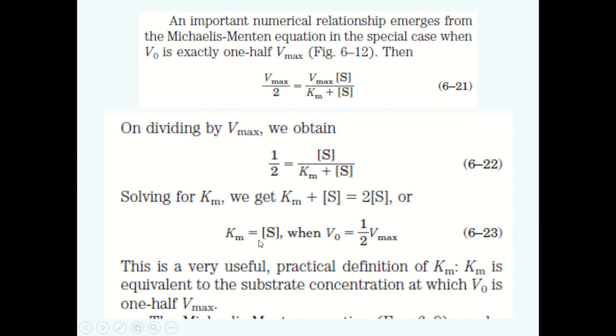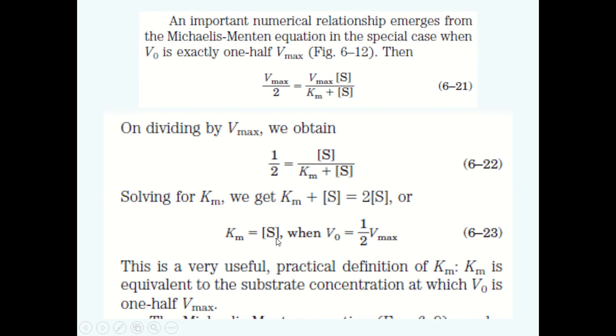Say, for example, if the Km for one enzyme is low and the Km for another enzyme is high: if the enzyme has a low Km, it requires less substrate to achieve the maximum rate of reaction, and if the Km for an enzyme is very high, it will require a very high substrate concentration in order to achieve the maximum rate of reaction.